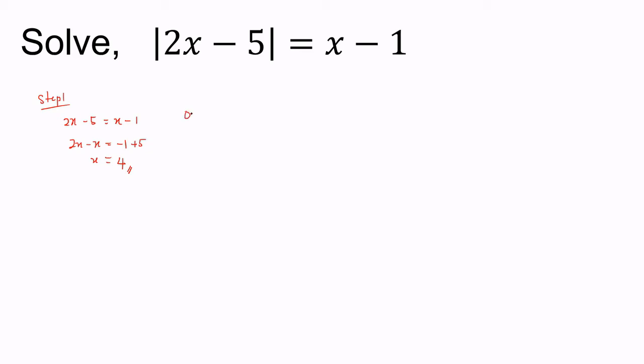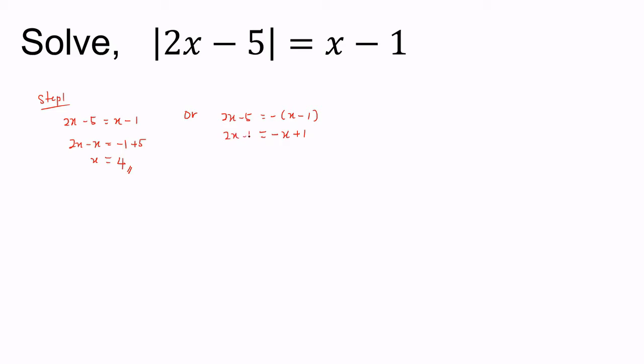All right, let me consider the negative solution, the negative value of 2x minus 5. This happens when 2x minus 5 equal to minus of x minus 1. Now we distribute the negative into the bracket. Minus times x, we get minus x, and minus times minus 1, we get plus 1.